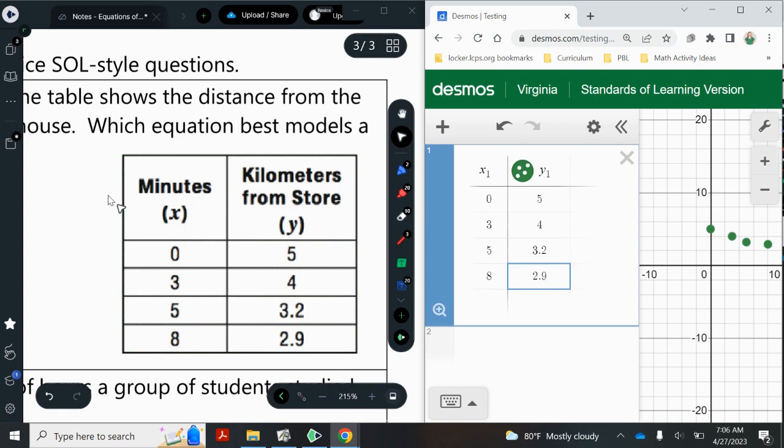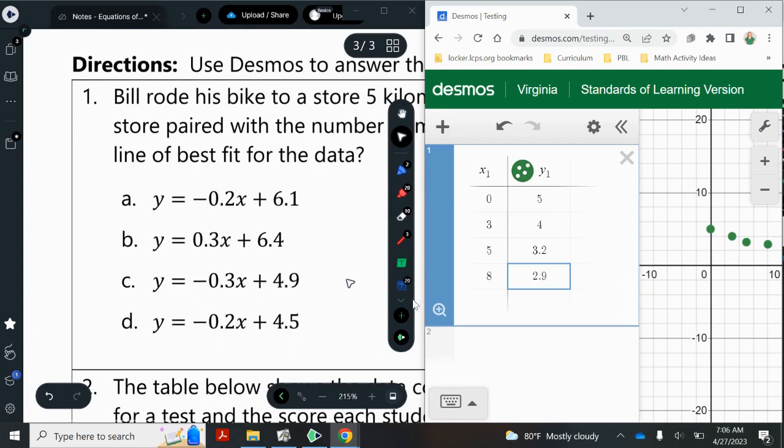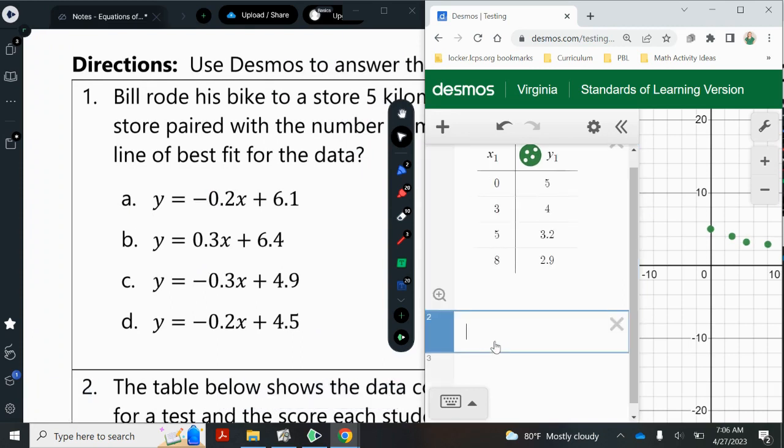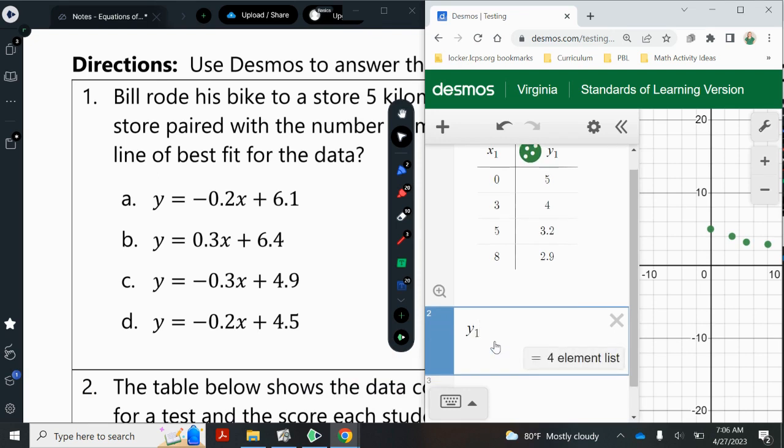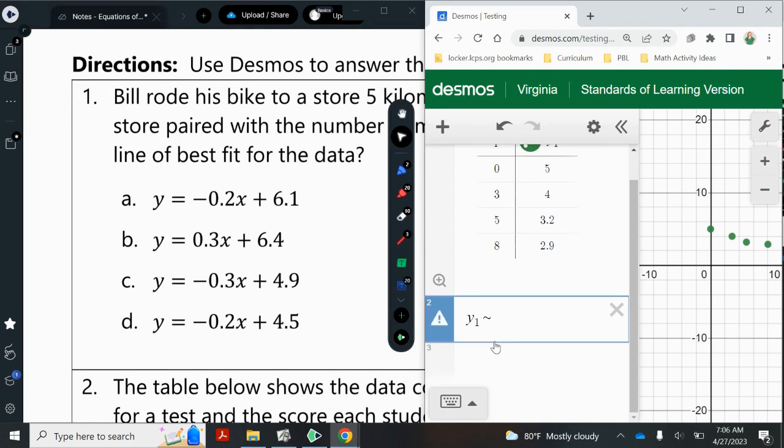Because it said line of best fit, I'm going to put in our coding for the linear equation. So that will be y. And to get the subscript of 1, you just type in a 1 in Desmos and it will already make it a subscript. To get the approximation, you hit the shift and the button right before the number 1.